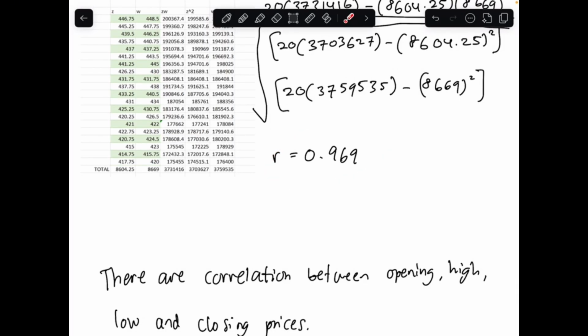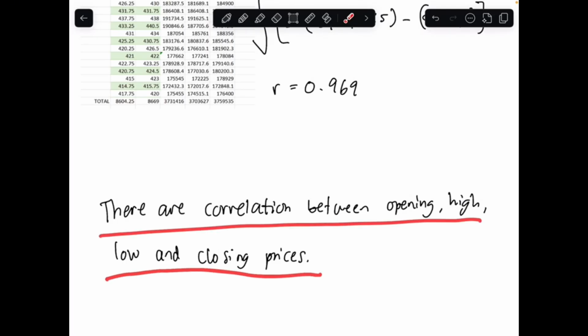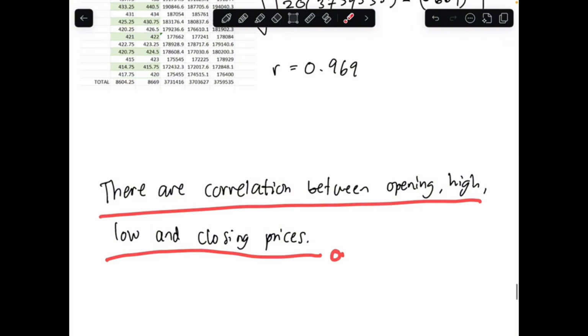The R value is 0.969. So all of the prices, the closing, high, low, and opening prices, they are correlated between them.